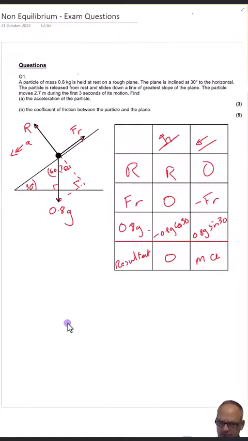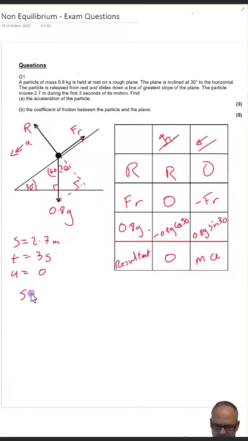Now, from our model, we are going to set up our equations. But let's first of all look at the question. The particle moves 2.7 meters, so we know that s equals 2.7, time is equal to 3 seconds, and u is equal to 0. So we can use s equals ut plus a half at squared to find the acceleration.